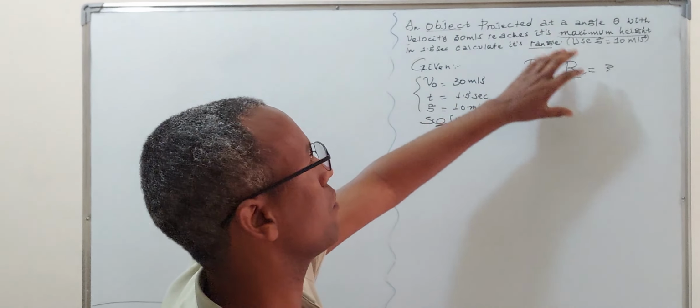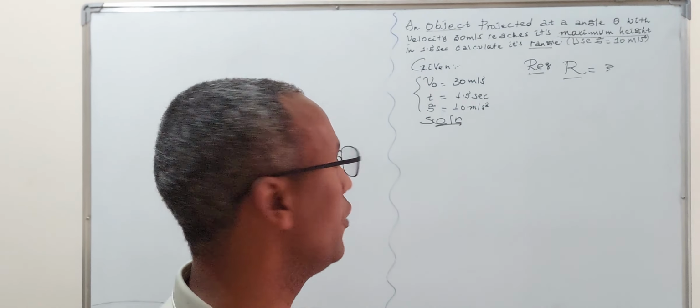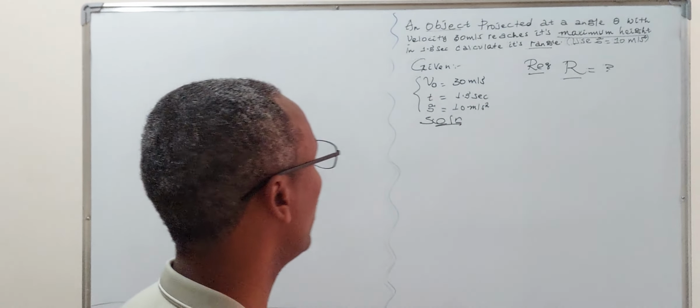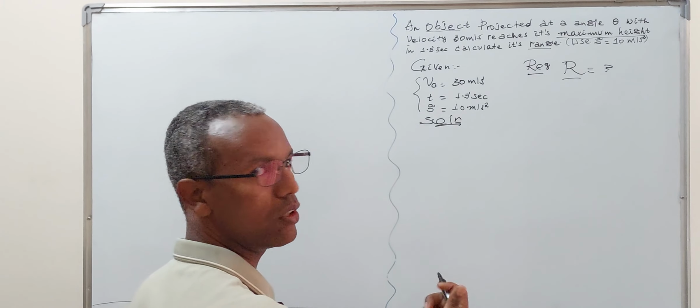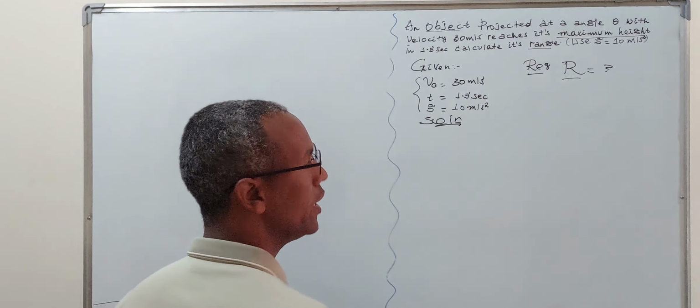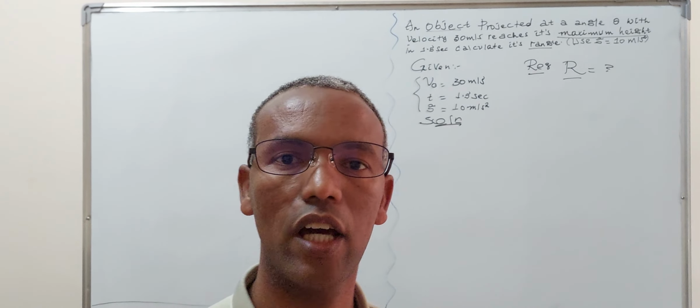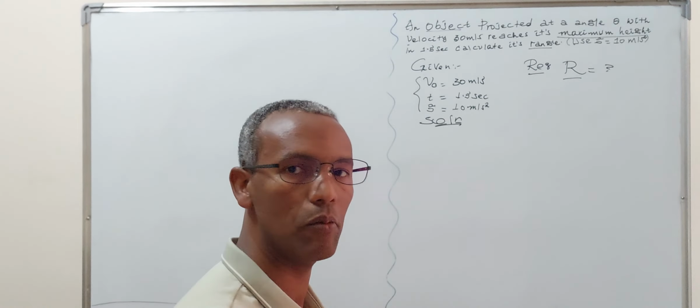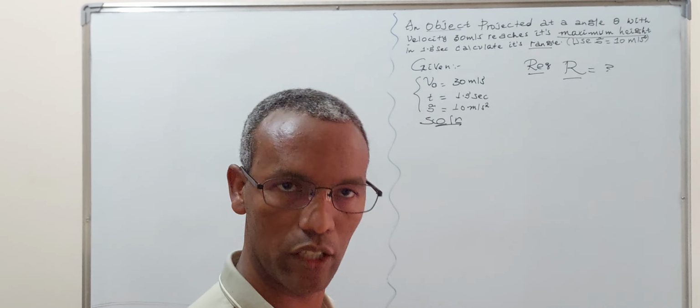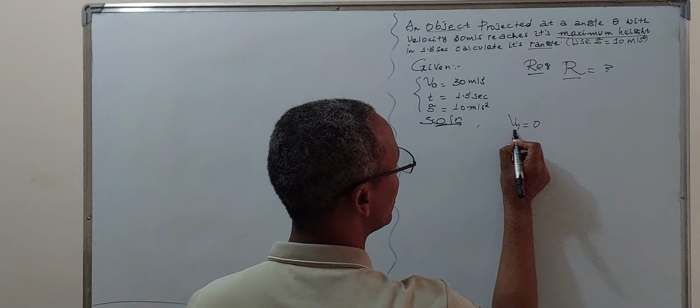The final vertical velocity, or the vertical component at the maximum point in projectile motion, is 0, so Vy is equal to 0.